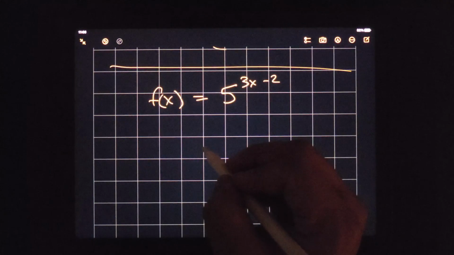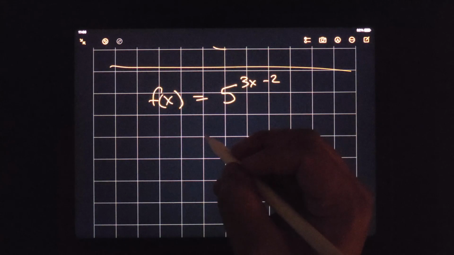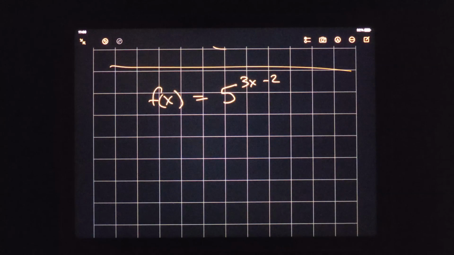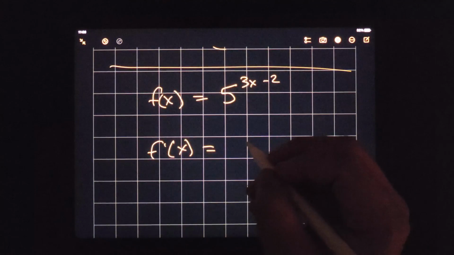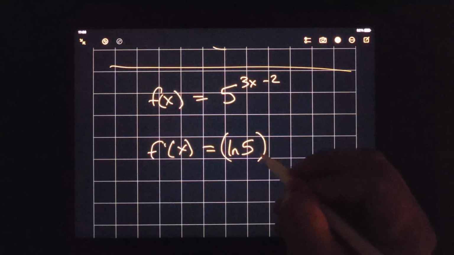Same with if you have f of x equal to 5 to the power of 3x minus 2. I'm wondering if we can use the chain rule here. I know I have my ln 5 for sure.